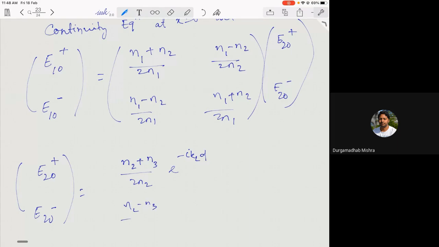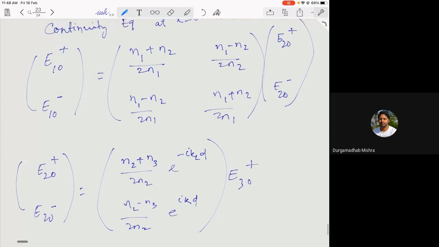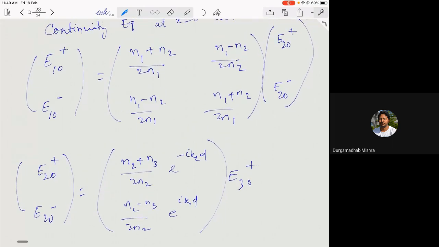So let me just quickly write it down. E3 plus. Okay, so this is one relation between medium 1 and medium 2. This is the relation between medium 2 and medium 3.